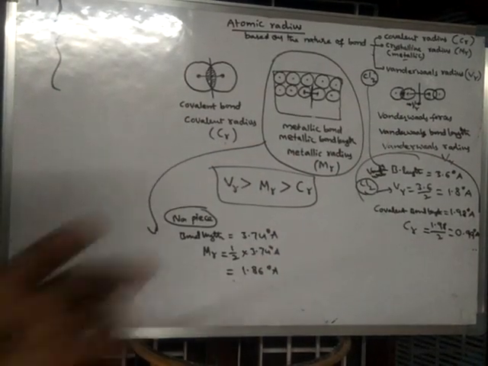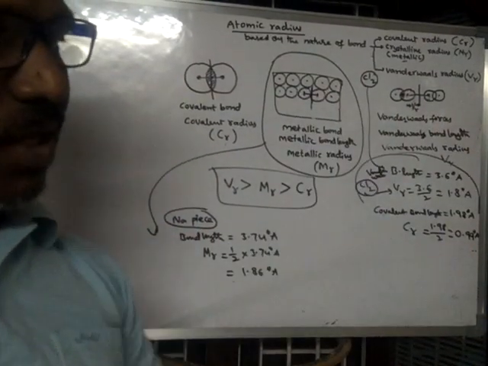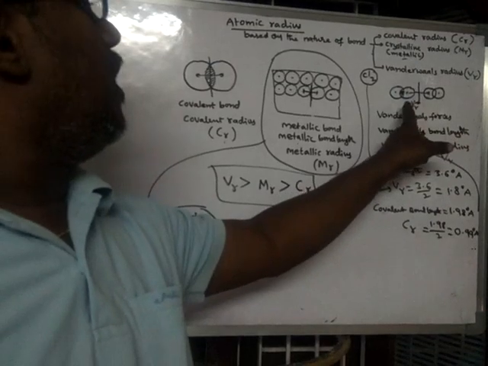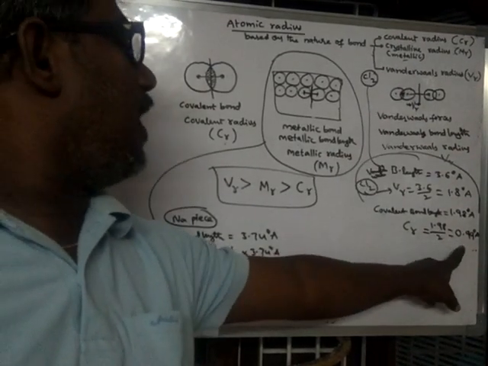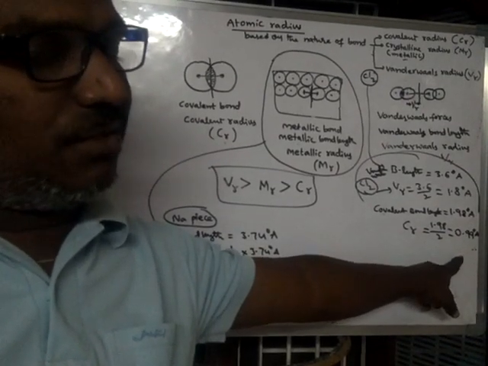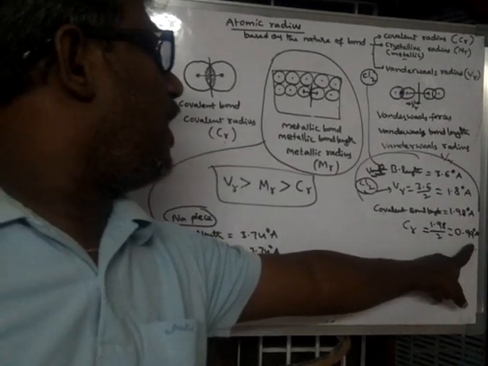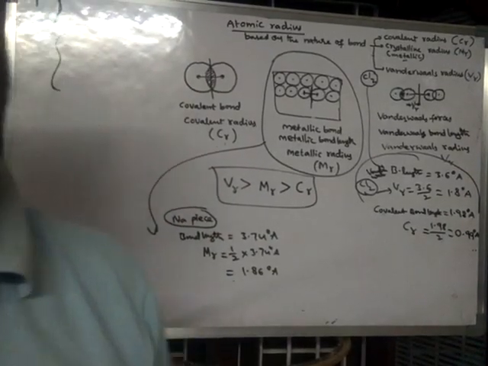So in chlorine gas, the covalent radius is 0.99 only, whereas the van der Waals radius of the chlorine atoms is 1.8 angstroms.